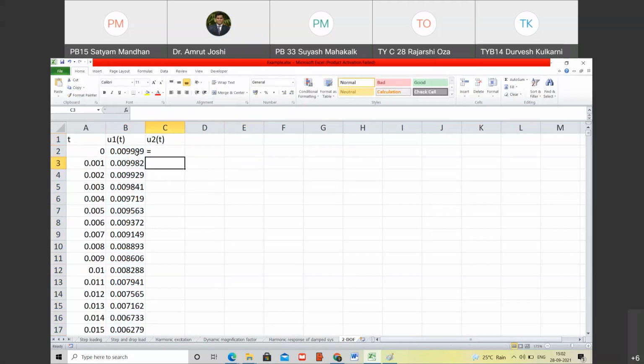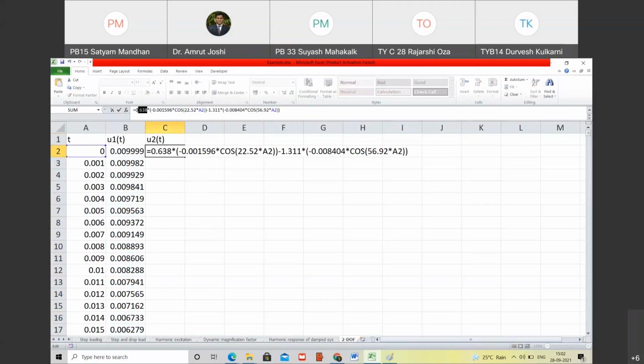How will we do that? The same expression needs to be taken. Only the thing is, instead of 0.638, I have 1, and instead of minus 1.311, I have plus 1. Are you with me? Yes, sir. So that equation remains this.